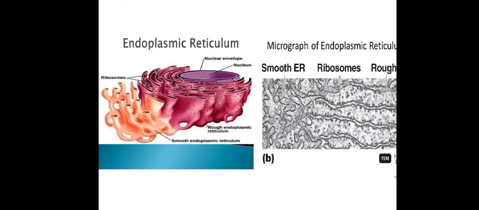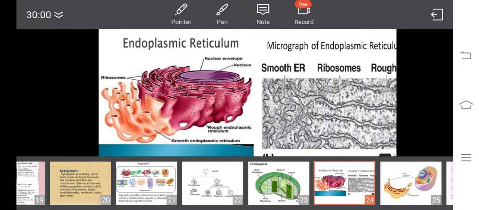Now when you see this mild orange color, it does not have any ribosomes on its surface, so its surface is smooth. This kind of endoplasmic reticulum is termed smooth endoplasmic reticulum. So we have two types of endoplasmic reticulum: rough endoplasmic reticulum and smooth endoplasmic reticulum.